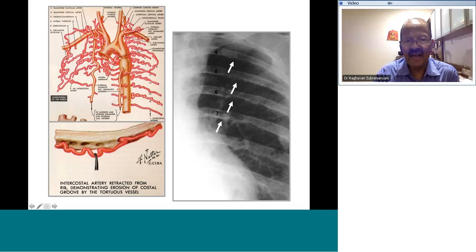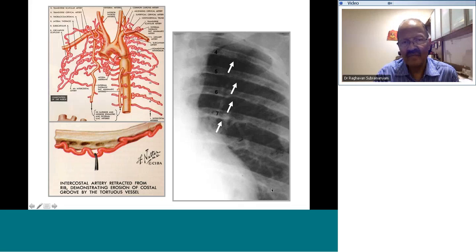So you can see how these dilated intercostals indent the lower border of the rib. Therefore, the most prominent indentations occur in the upper ribs, in the chest, and you can see that the lower border of the rib is very irregular and indented. All these arrows outline the irregular border of the lower rib, and they are most marked in the 4th, 5th, and 6th intercostal spaces.